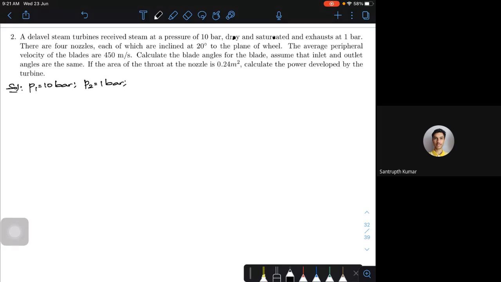They have given the number of nozzles, let me call it I, which is equal to 4, and alpha 1 is equal to 20 degrees, and U is equal to 450 meters per second. We are supposed to find the blade angles beta 1 and beta 2, and the power developed.